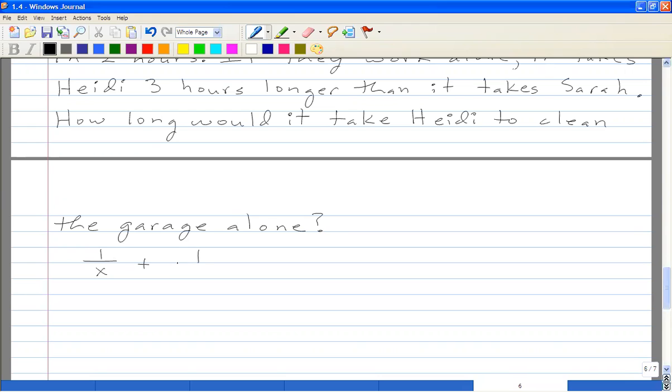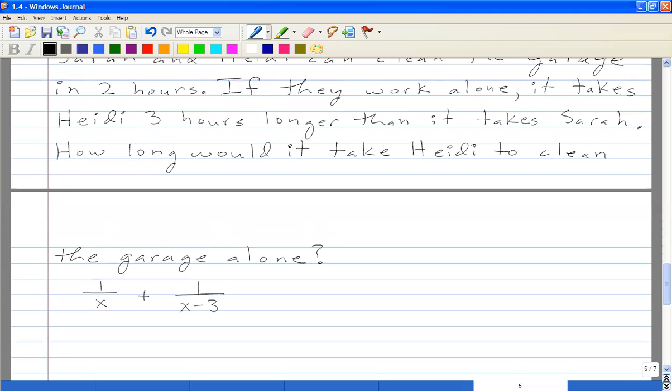And then, since it takes Heidi 3 hours longer than it takes Sarah, then Sarah takes x minus 3 hours to clean the whole garage.